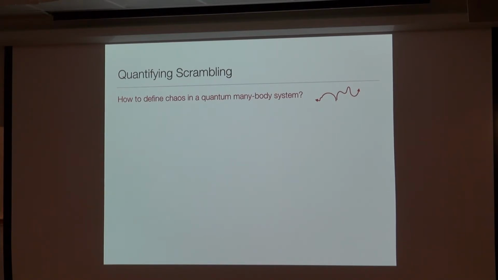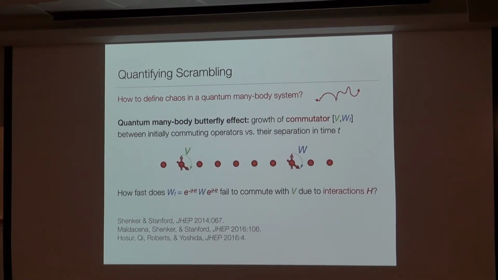Still, there's a way of formalizing the notion of a butterfly effect, and that is to think about how commutators grow in a quantum mechanical system. So this is an inherently quantum mechanical version of a butterfly effect. The question you can ask is, I have some many-body system, and I can think about maybe a spin that I rotate here, and if I'd like to know whether the effect of that has propagated elsewhere in the system, say to here, a question you can ask is, does this local spin rotation V commute with the local spin rotation W?